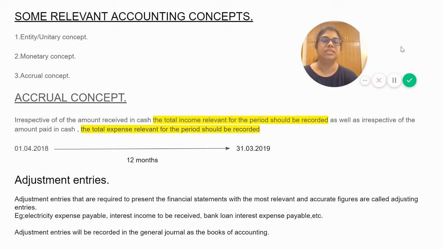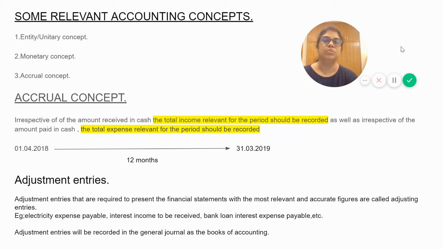If we do not consider the business and the owners as two separate entities, you can't formulate the basic accounting equation, assets equals equity plus liabilities. So, in simple terms, the business itself has a separate existence from its owners.